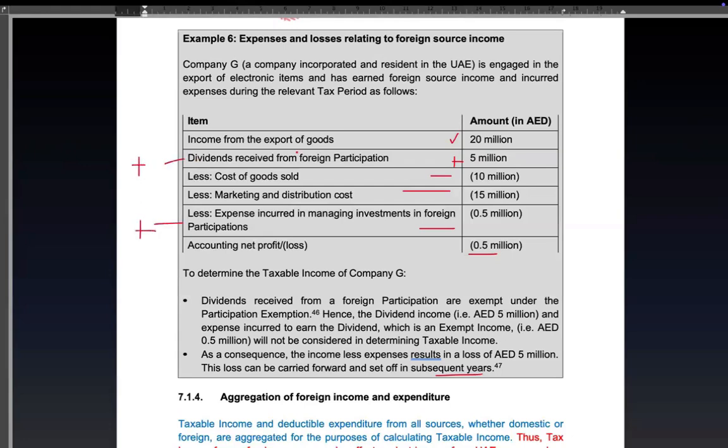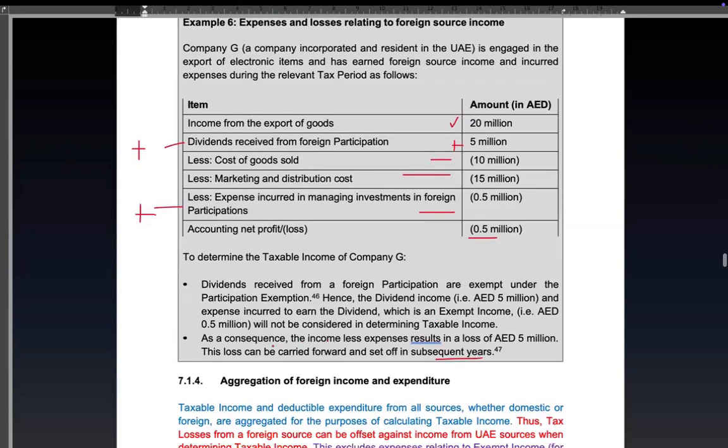If we are not paying tax on the income, we should not claim the expense as well. So remaining is 10 less 20 less 10, 10 less 15, negative 5. So based upon this, income and expenses result in a 5 million loss and can be carried forward.